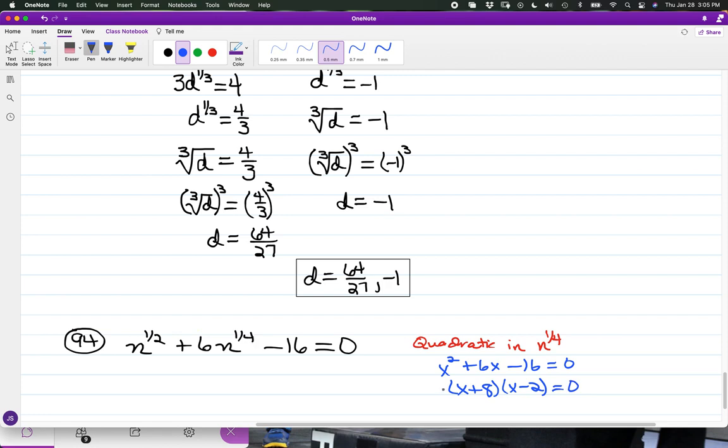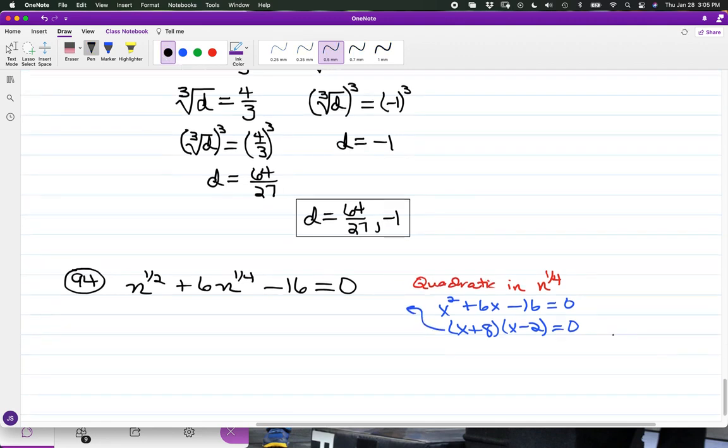So this is analogous to this factorization, but in the case of what we have for the degrees in n. So x plus 8 translates to n to the 1/4 plus 8, times the quantity n to the 1/4 minus 2 is equal to 0, and then setting each of these factors to 0.